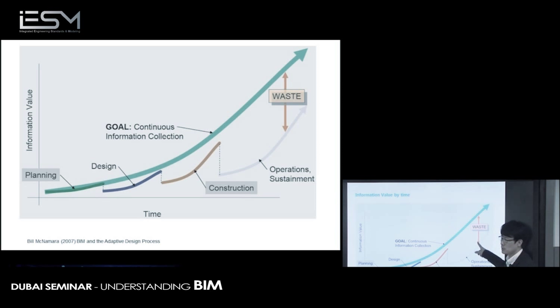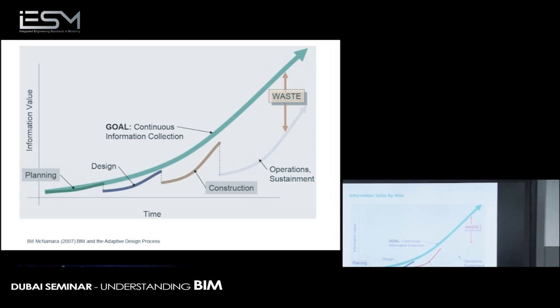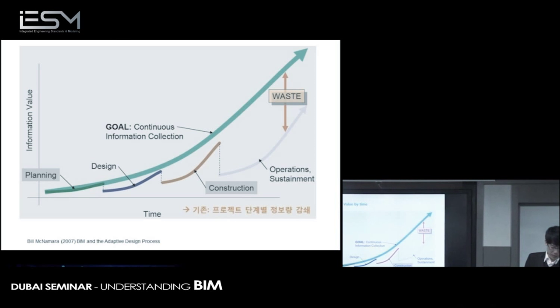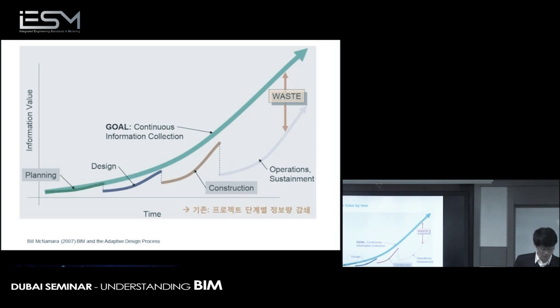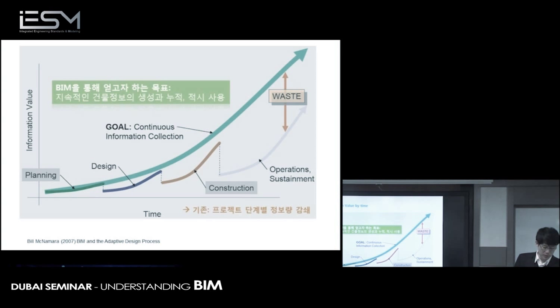So this is waste. But our goal is continuous information collection, seamless accumulation of building information. So conventionally, we got some information shrinking because of some communication or technical problem and so on. Our goal is seamless accumulation of the building information model using specific technologies, environment, infrastructure, communication, and so on.